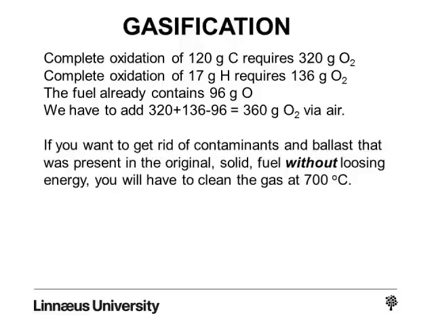If you want to get rid of these contaminants, and if you want to get rid of the ballast without losing energy, then you will have to take these contaminants and the ballast gases out of the gas at 700 degrees. Assume we keep the gas at 700 degrees.